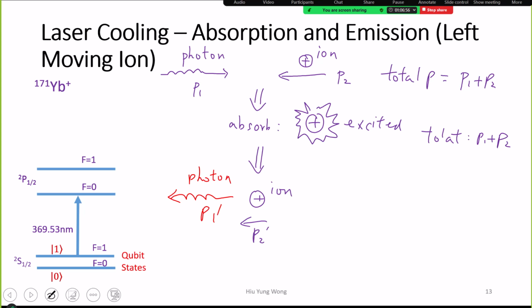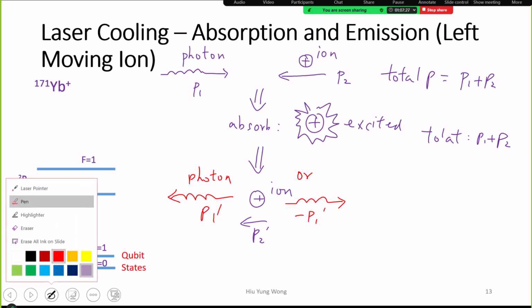But the photon can go to the left or right or any direction. Here I only talk about left and right. So this one, what should I write? Let me just call this negative P dash. So it's going to emit a photon. The photon can go to the left or go to the right. However, the energy should conserve, right?